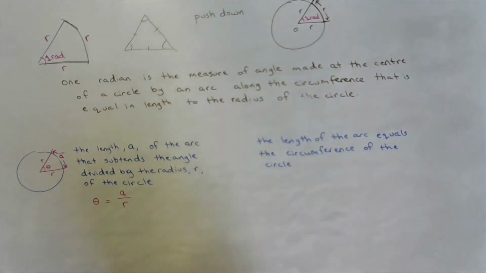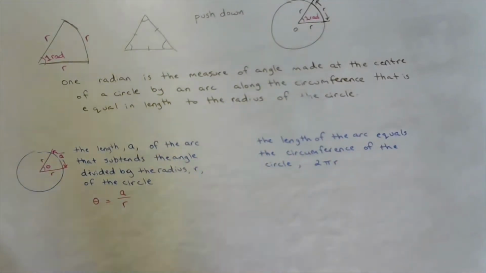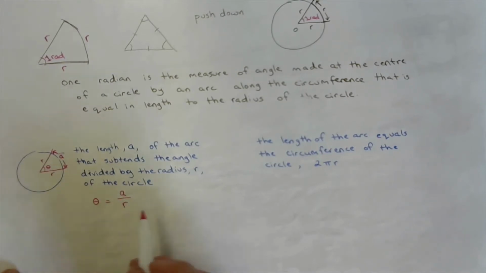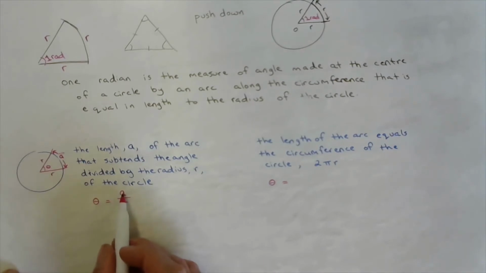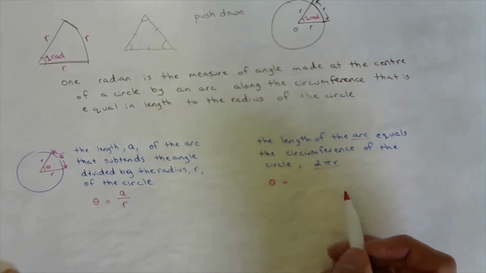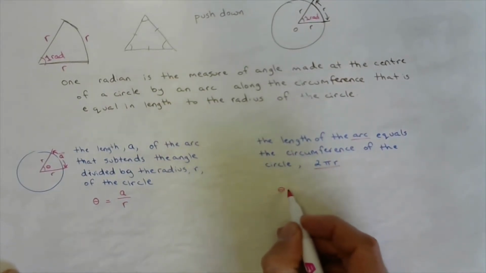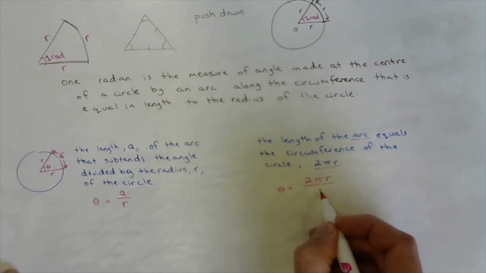For one complete rotation, the length of the arc equals the circumference of the circle, which is 2 pi r. Well, if we take our original equation here, that the measure of angle theta is equal to A over r, and we know that after one full rotation the arc length is 2 pi r, then we're looking at a measure of angle theta that is 2 pi r over r.